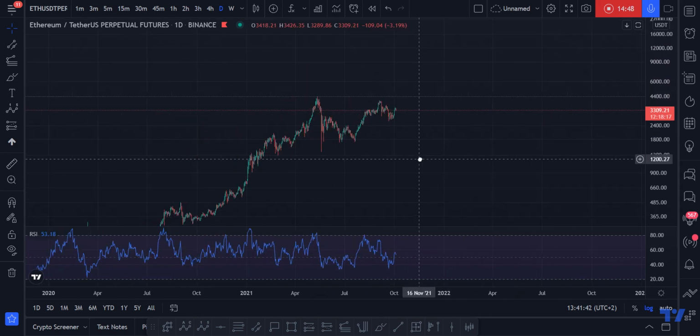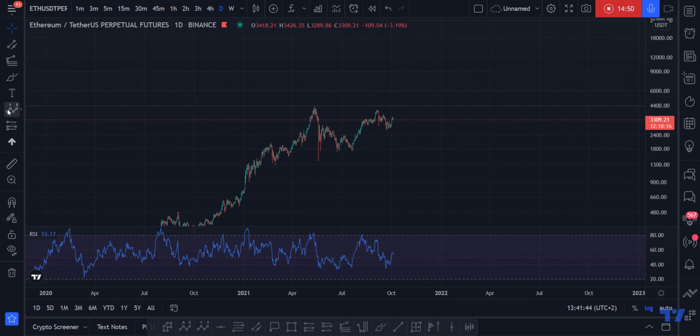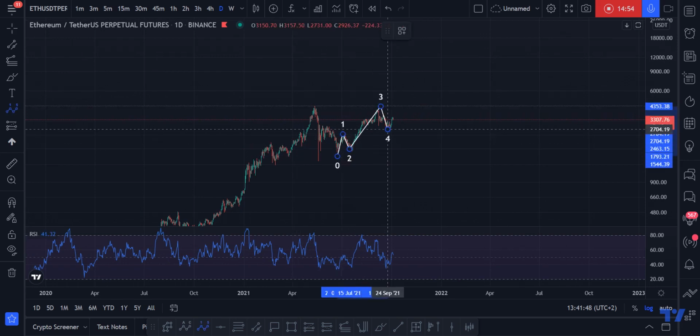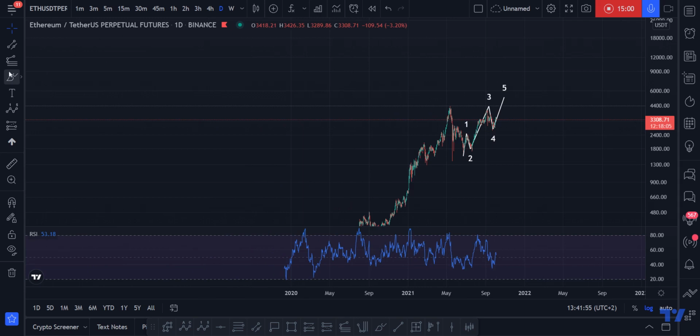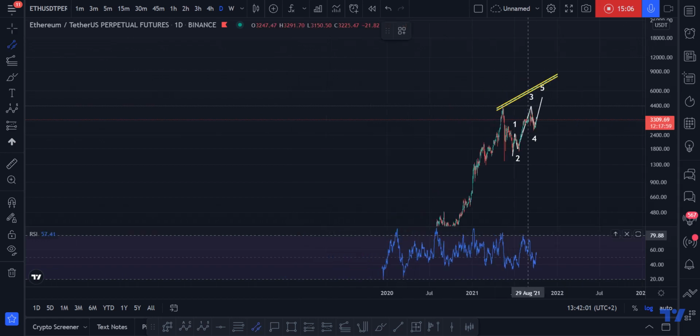For now, I think this is the fourth wave of the whole impulse here. So one, two, third, fourth, and we're going to make a fifth wave to the upside. And this is what I'm waiting for. And if I'm going to see divergence here, another one is a confirmation.